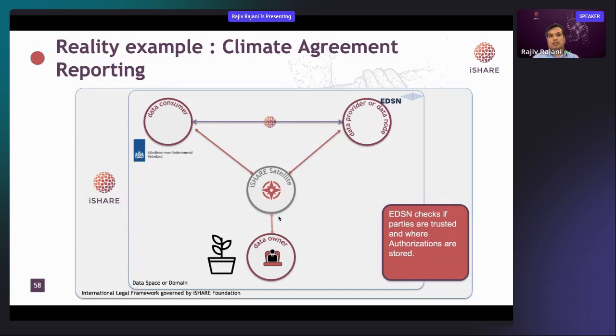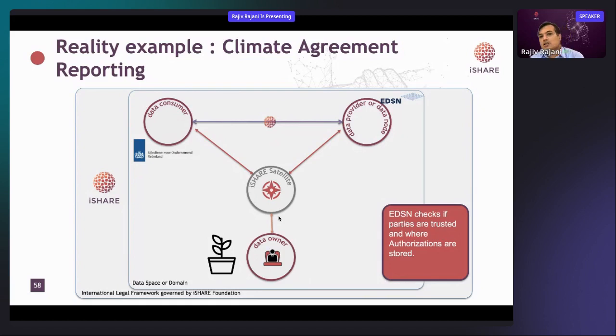Now, when the government unit is asking EDSN about the data, it first needs to identify itself, and at that time, EDSN checks, okay, who is asking for this data. Basically, the consumer presents a self-signed token, and EDSN validates that, and it also wants to check whether it is registered in the iShare network, in order to make sure that when it shares the data, it will abide by the terms of use and the agreements that are made, right?